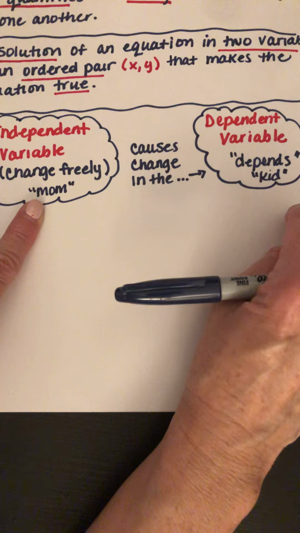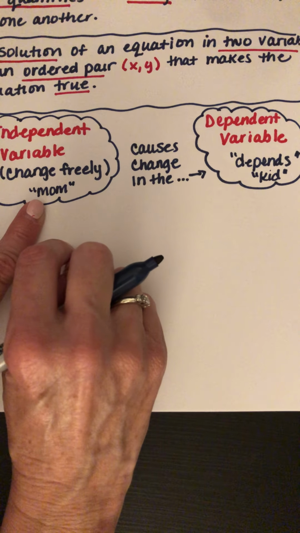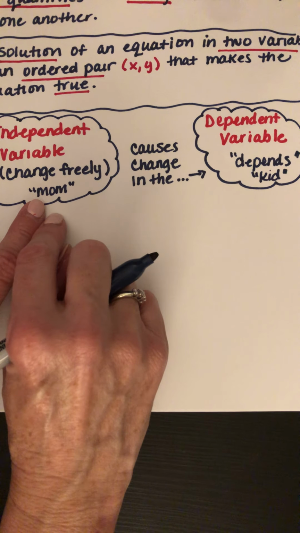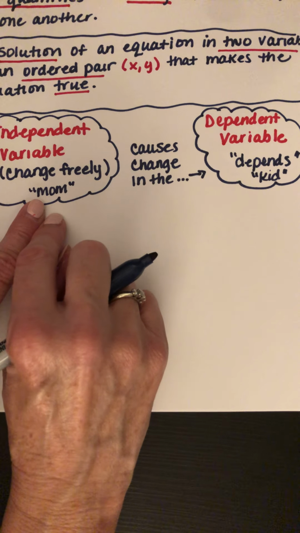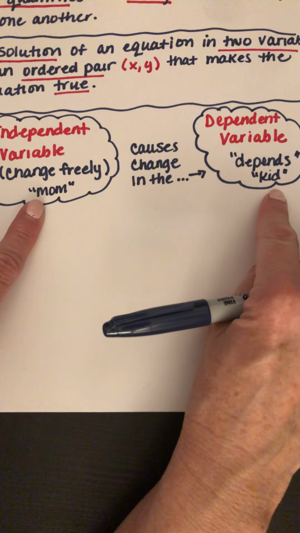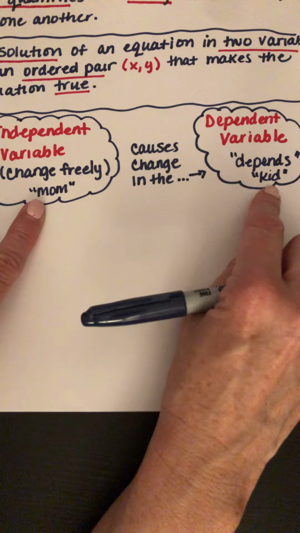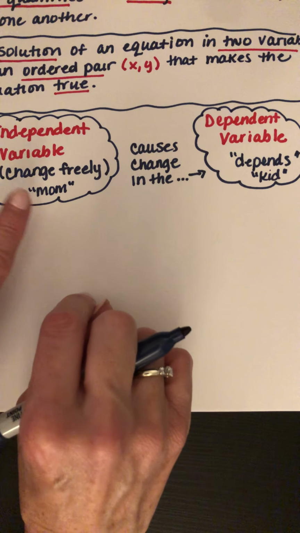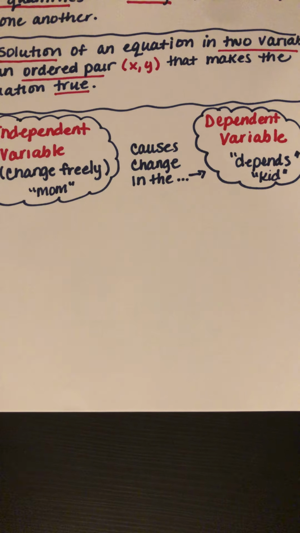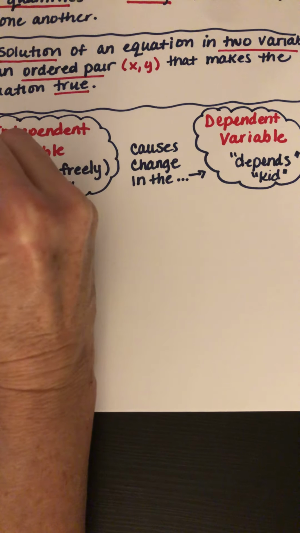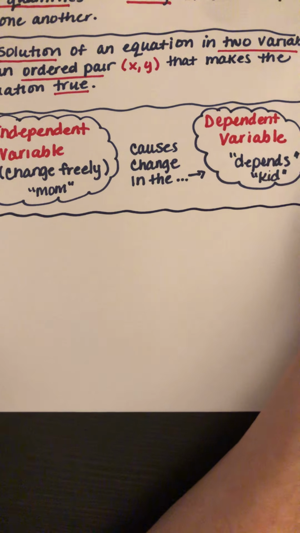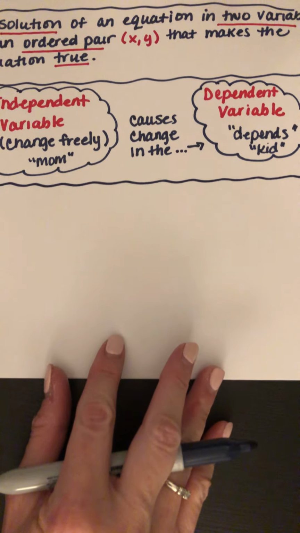You wouldn't go to the zoo without your mom saying, hey, let's go to the zoo. So the independent variable is kind of like the decision maker, and the dependent variable will do whatever the independent variable tells it to do. Please pause, make sure you get all these notes in your math journal.